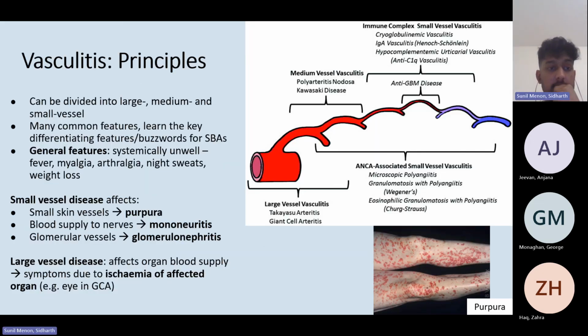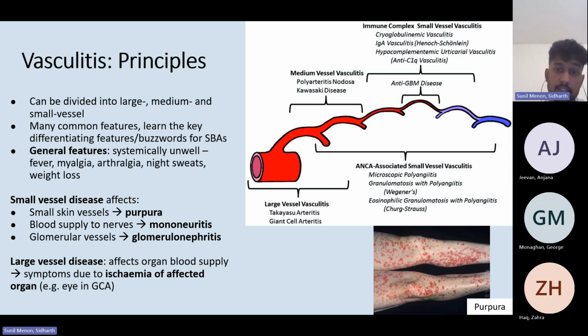So vasculitides. There's a variety of vasculitides. They're divided into large vessel, medium, and small. General features: systemically unwell, with systemic symptoms, basically fever, myalgia, night sweats, weight loss, quite similar to cancers.